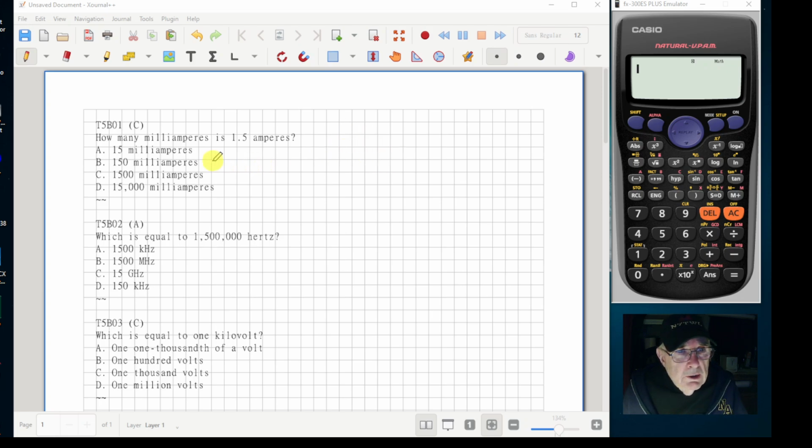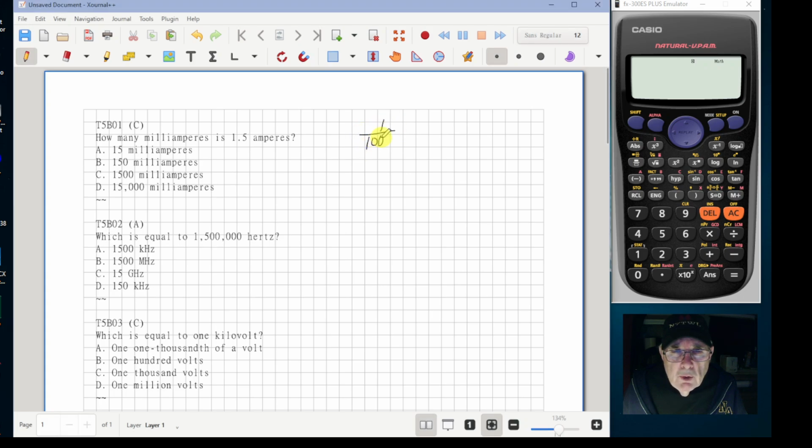All right, so let's look at the first question here. How many milliamperes is 1.5 amperes? Okay, so a milliamp is 1/1000th. So that means then that 1 amp is equal to 1000 milliamps.